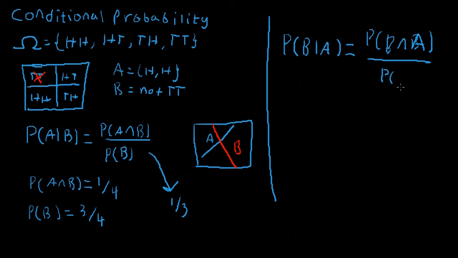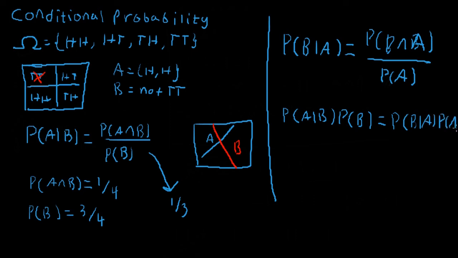Divided by the probability of A. So this over here is equal to this over here. So the probability of A given B, if I multiply through, times the probability of B is equal to the probability of B given A times the probability of A.